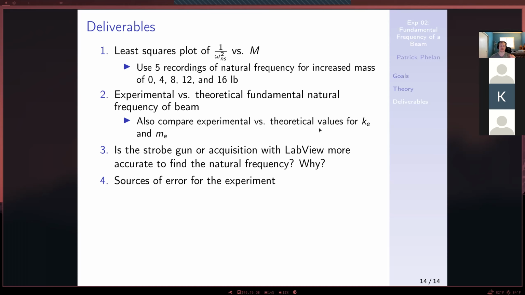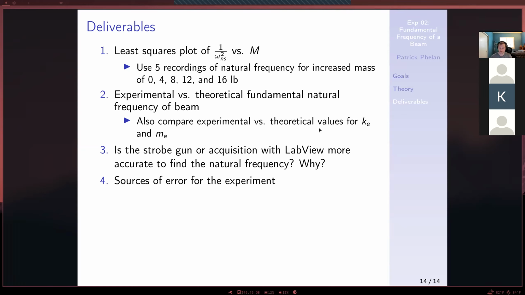Okay, and then we're going to look at sources of error. I know that's harder because you weren't actually doing the lab, but this is something that you'll have in the discussion part of the lab memo. So you'll still be able to have a few ideas of what would maybe be inaccurate. I'm going to grade this part a little easier because we're not actually doing the lab.